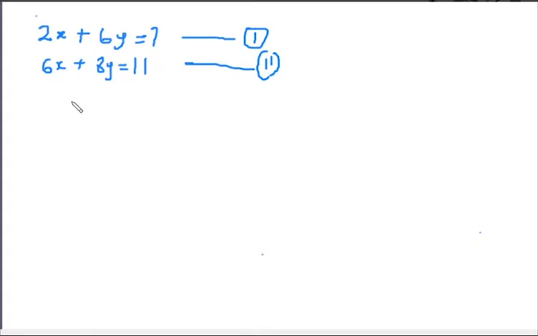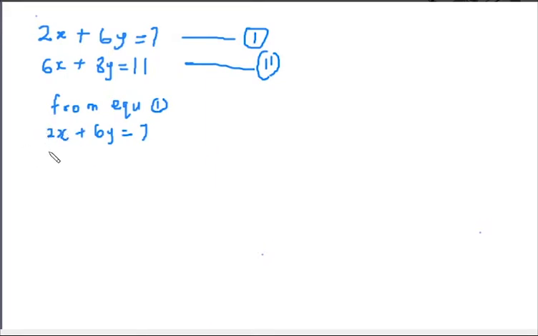We are taking equation 1. So from equation 1, we have 2x plus 6y equals 7. So we are going to make x the subject of the formula for this equation.